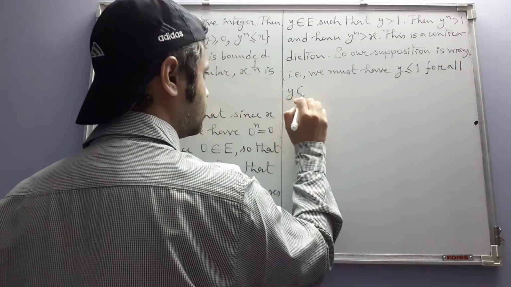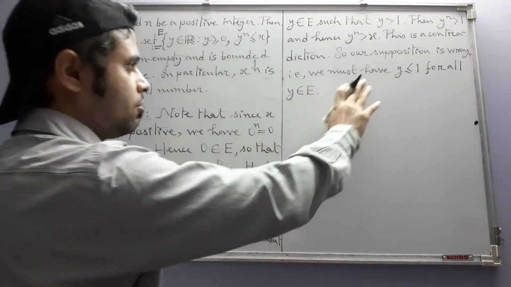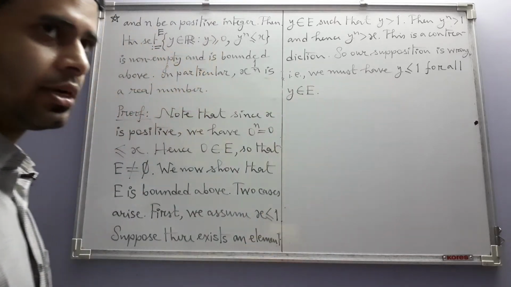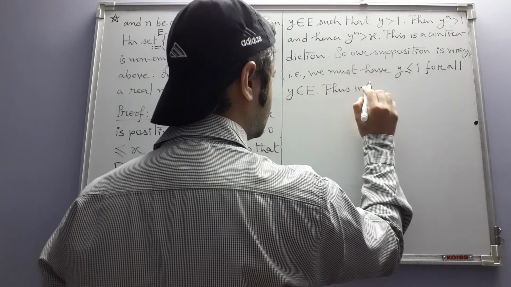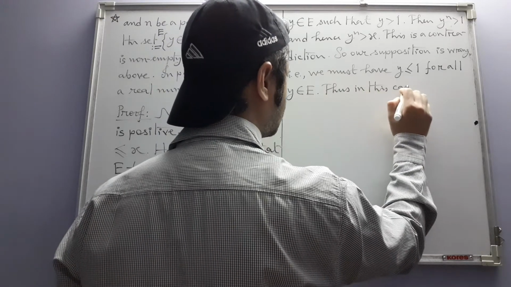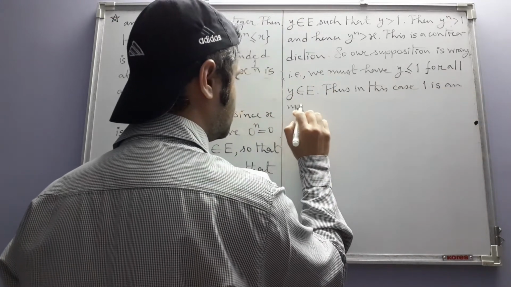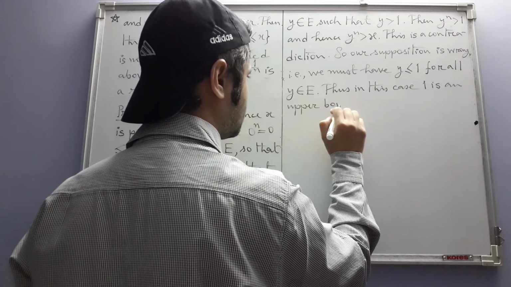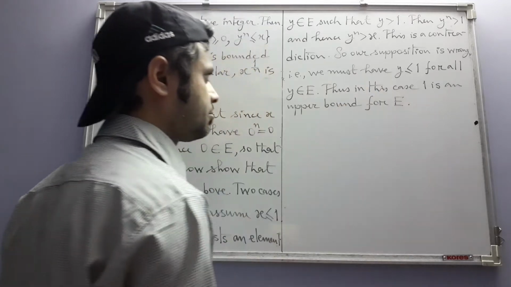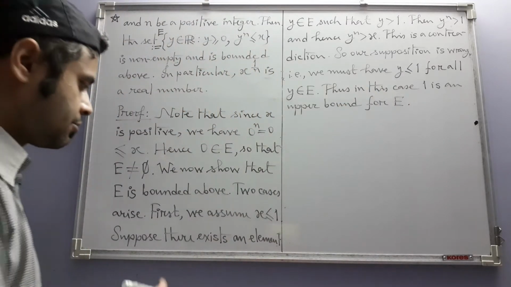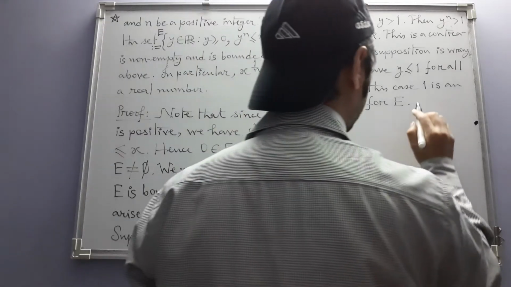All the elements y in E have to be less than or equal to 1. Thus, in this case, 1 is an upper bound for E. Then we next look at the other case where x is greater than 1.